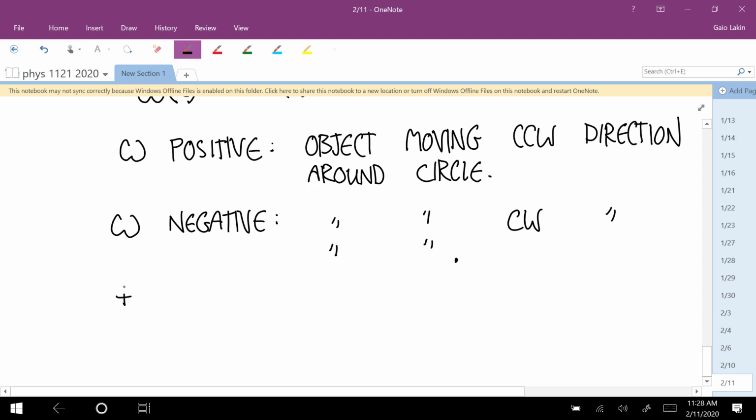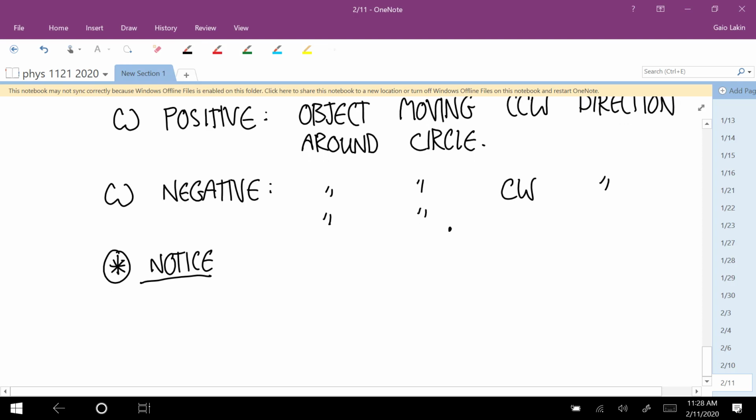And so one thing I want you to notice is that if you know the sign of omega, that's enough for you to know the direction of the velocity vector.